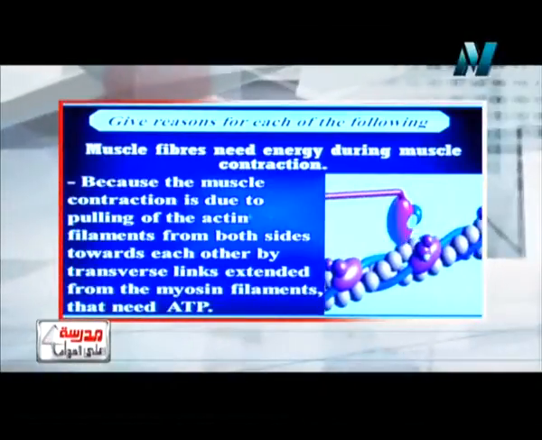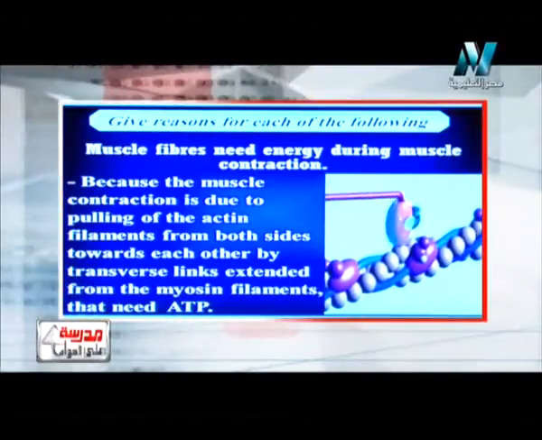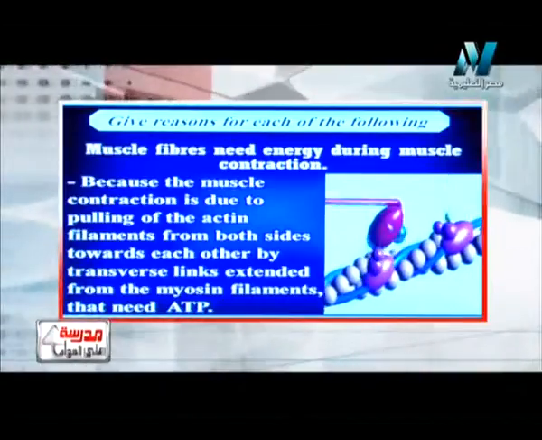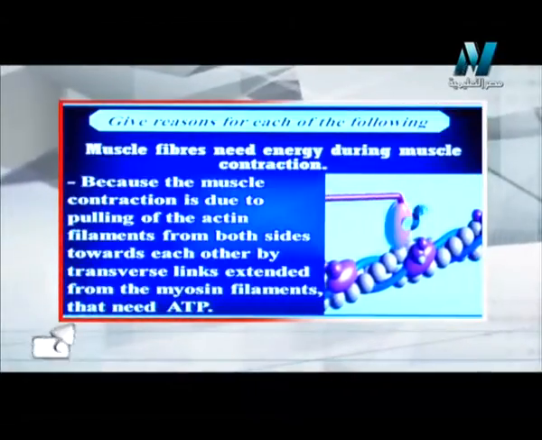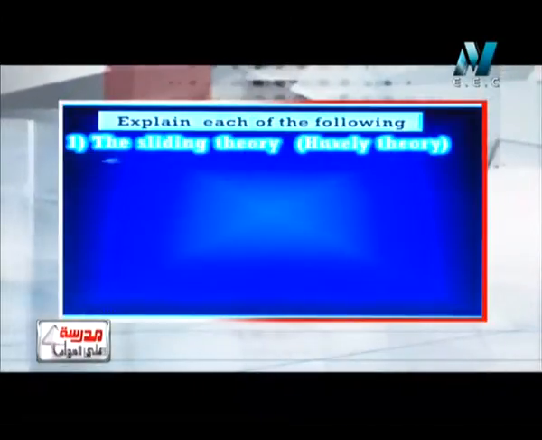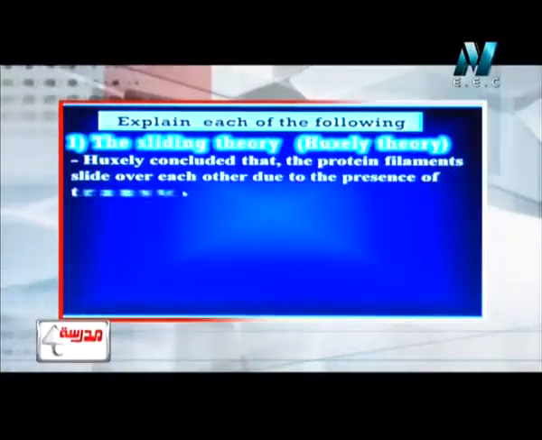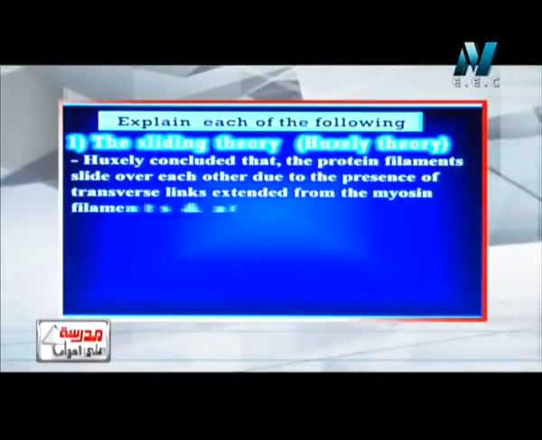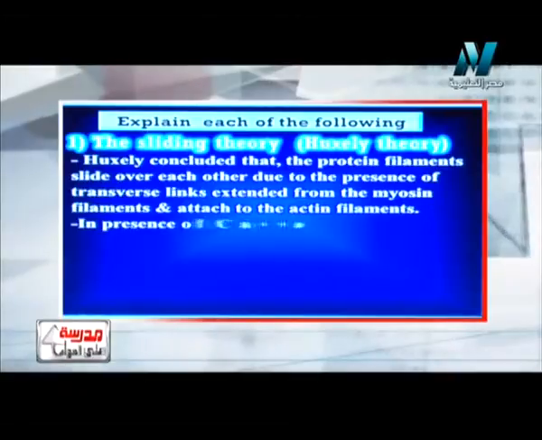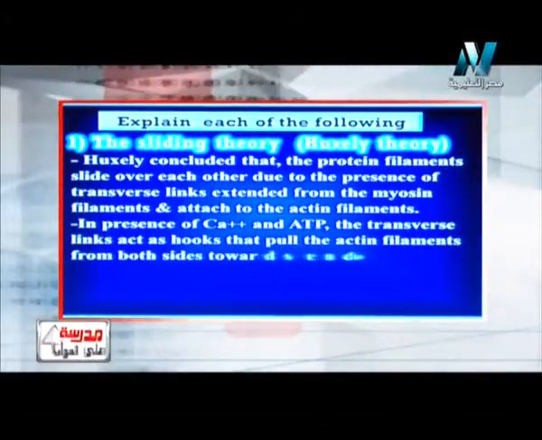These transverse links are formed in the presence of calcium ions and ATP molecules. This is part of the theory called Huxley theory. Huxley theory explains the structure and contraction of the muscle by comparing two images of the myofibrils, one during contraction and the other during relaxation.